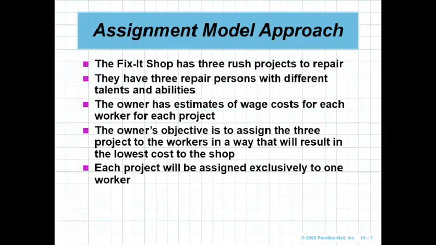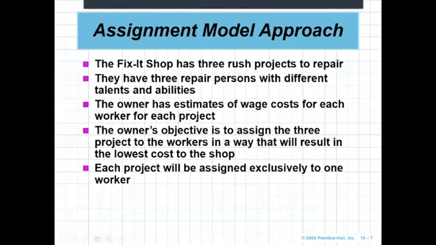This is an example of the assignment model. There is a shop called Fix It, and this shop has 3 rush projects. They have 3 repair persons. So there are 3 projects and 3 persons. The main objective is to find out which project goes to which person. Very simple.